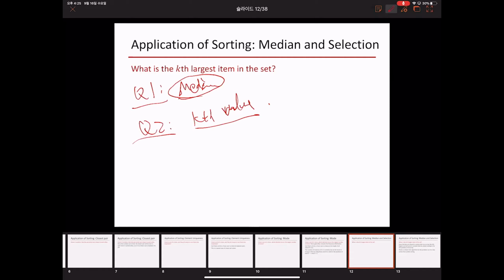Like if there's 1, 2, 2, is the 2 the third largest number or second largest number? The second largest and the second smallest and third smallest, it should be n, right?